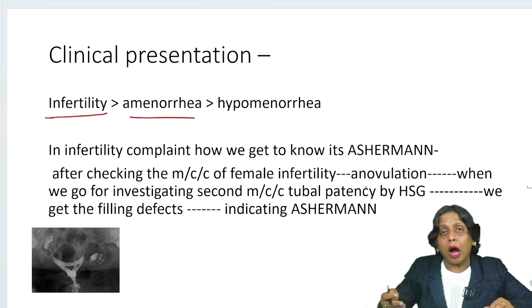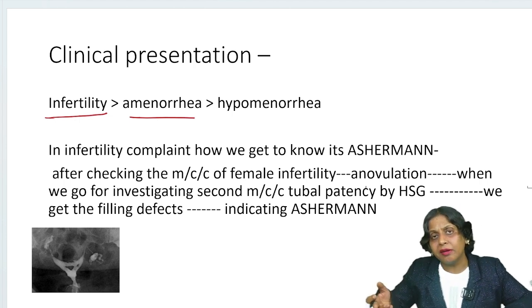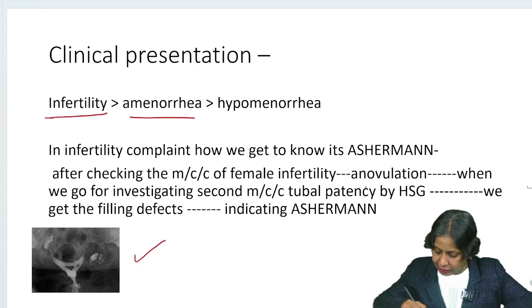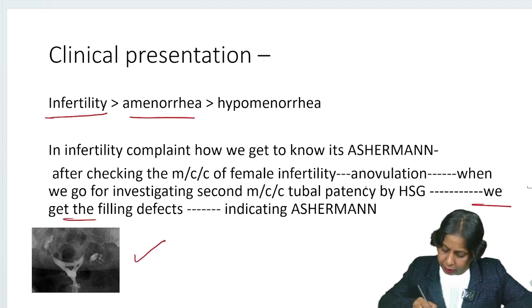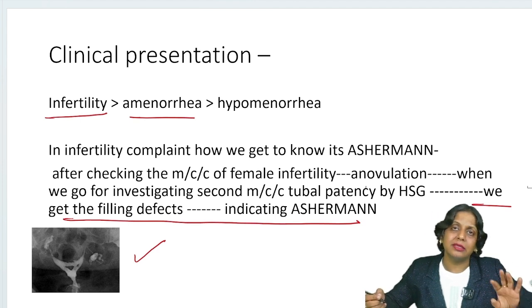Okay, now how in an infertile patient do we get a hint that this infertility is due to Asherman, since it is a very rare cause of infertility? We routinely do a normal workup of the infertility patient, ruling out the most common causes of female infertility, like ovulation. After that, when we are ruling out tubal patency by HSG, we get the filling defects in the uterus due to the adhesions, which indicates that it is Asherman.